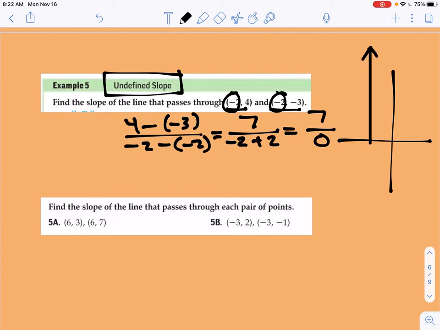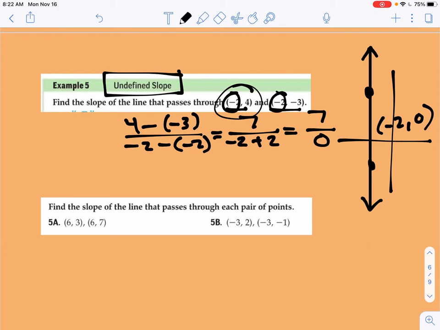It's going to look kind of like this, all right? It would go through the point negative 2, 0, and then negative 2, 4 would be up here somewhere, and negative 2, negative 3 would be down here somewhere. So when you have a situation like that, they call that an undefined slope because you can't find a number that applies to that.